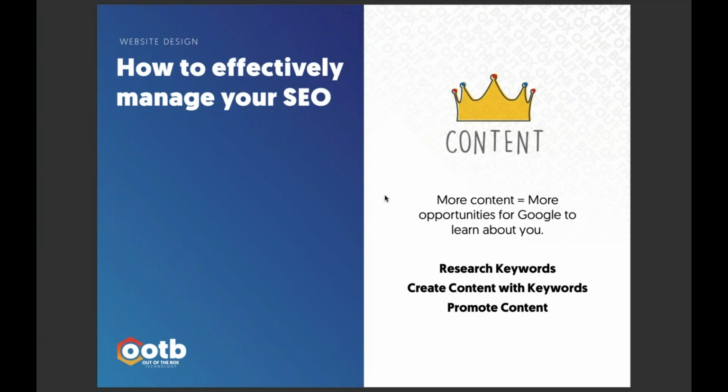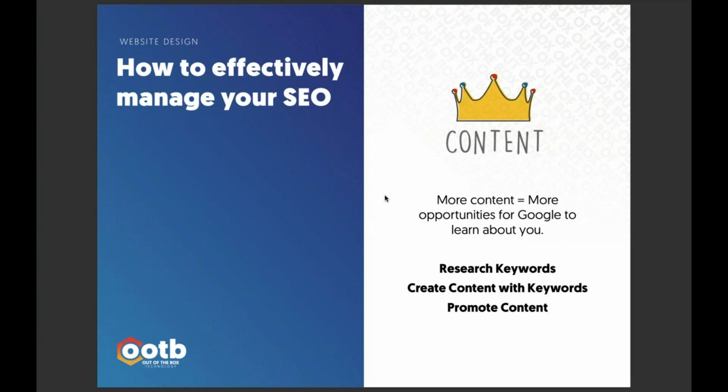to continuously improve it. The key to SEO, even the SEO experts month to month will focus on this, and that's content is king. The more content you have, the more opportunities for Google to learn about you. So as you're building your website and you submit it to Google, think about if you submitted a one-page website to Google, they would crawl that site, they would learn a little bit about you, and they would say, okay, you're submitted into the Google algorithms and we know a little bit about you.